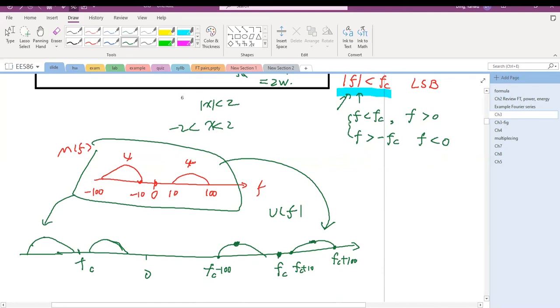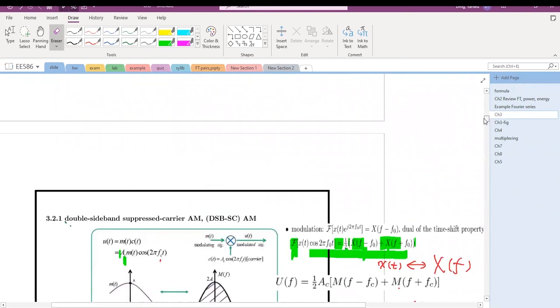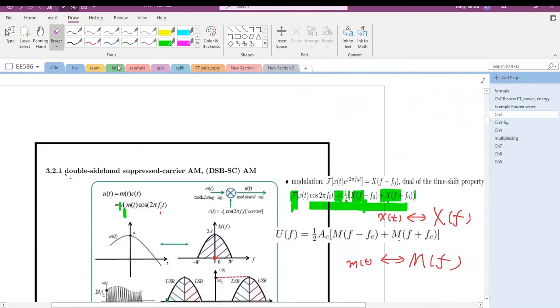So the magnitude should be calculated. You can see in this case there's no carrier signal. Therefore the carrier is suppressed for this AM scheme. Therefore the name is double sideband, because you have two sidebands, with suppressed carrier for this AM signal.